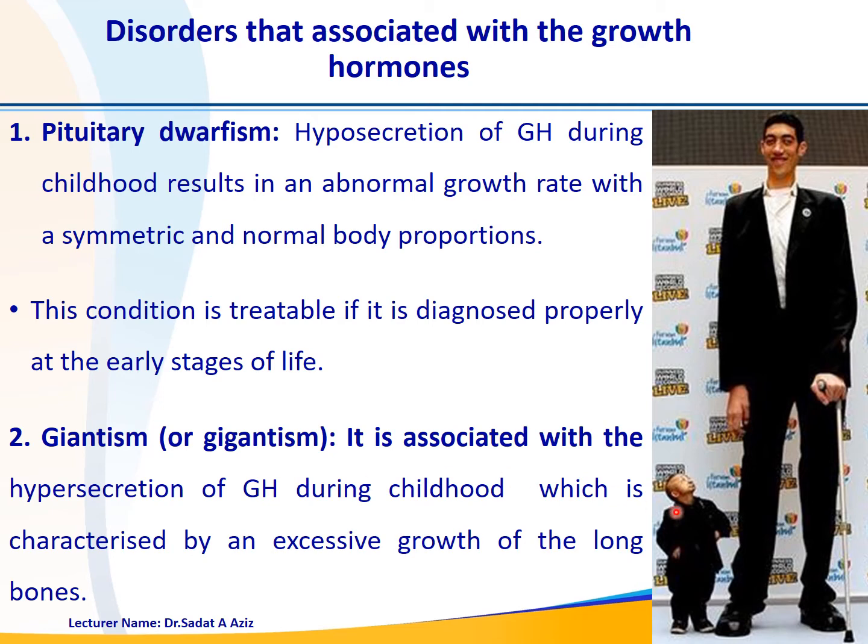So what we mean by symmetric and normal body proportion, if you have a look at the body of this person, you can see the arms have the same length, and there is a coordination between the growth of the legs, hands, and the head is proportionate with the body trunk. So there is no increase in the body trunk compared to the growth of the legs and arms, and this person has no smaller or larger head size compared to the other body parts.